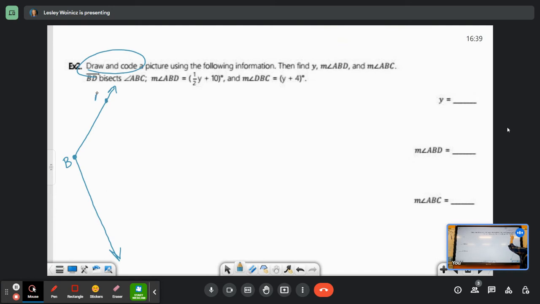Put A up here, C down here, doesn't really matter for those two. And then BD is the bisector. That's point D. Okay, now if it's a bisector, I know that ABD and DBC are congruent. So they get coded with the same number of arcs. That's coding.